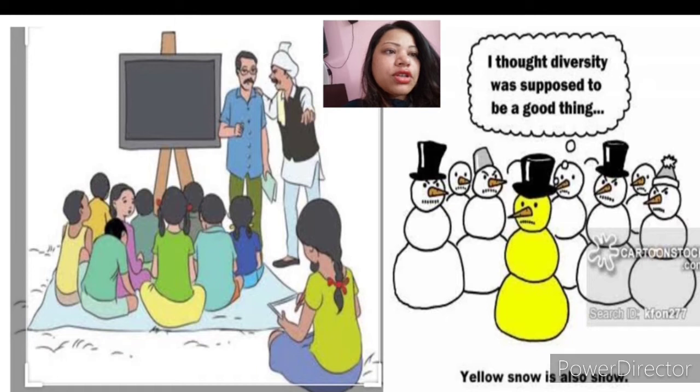He is not white in color, so they are shocked that this person could become part of their group. The yellow one thought, I thought diversity was supposed to be a good thing, but yellow snow is also snow. When the other snowmen started discriminating against him, he said diversity is a good thing, but am I discriminated against on the basis of my color? So this is because of race.